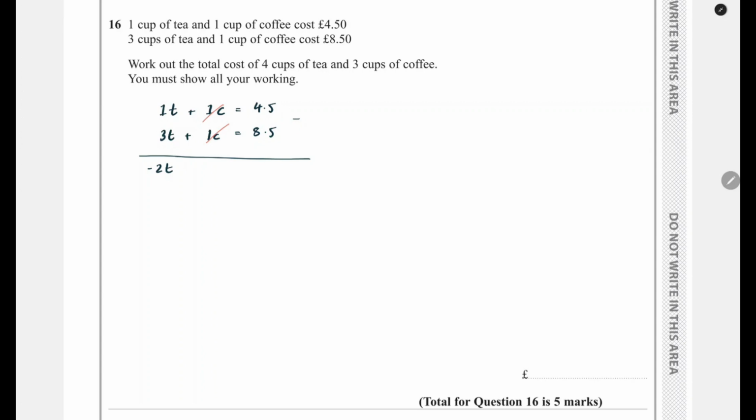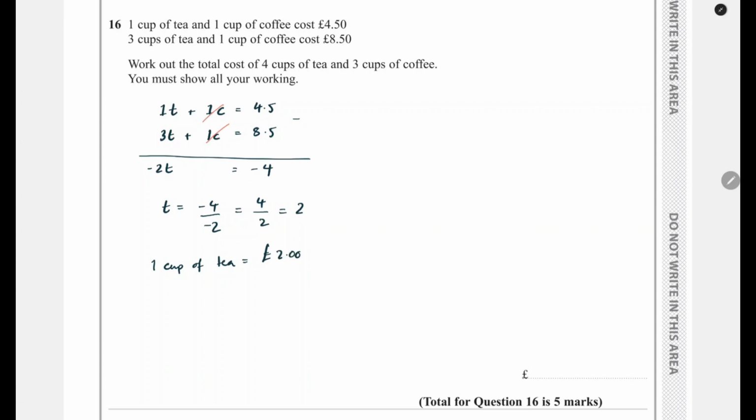And then 4.5 minus 8.5 is equal to minus 4. And so if we rearrange this, we get t is equal to minus 4 over minus 2, which is the same as saying 4 over 2, and that's equal to 2. So 1 cup of tea is £2.